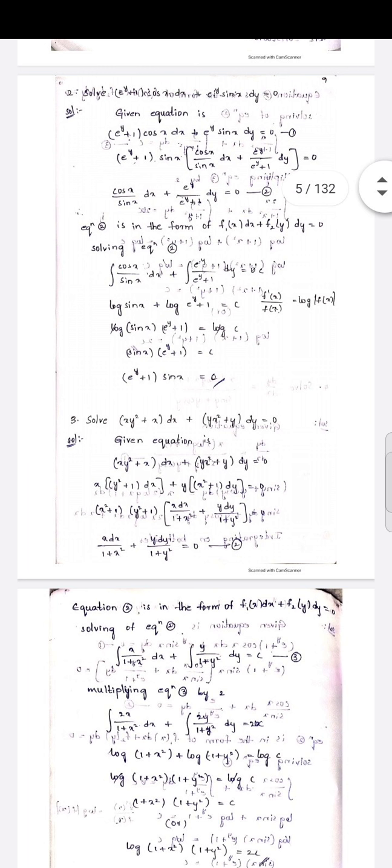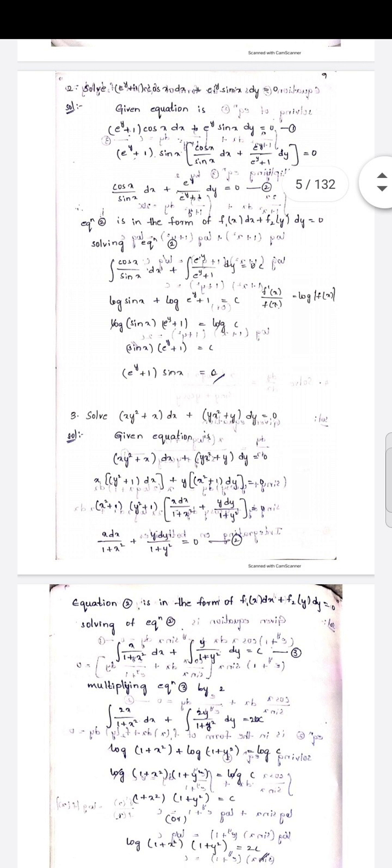This is an ordinary differential equation, and it can be put in the form f1(x) dx + f2(y) dy = 0. That is the variable separable step, then the fourth step is to apply integration, and the fifth step is the general solution.